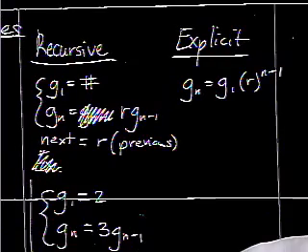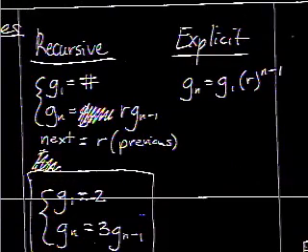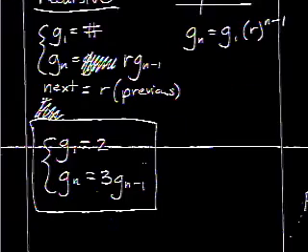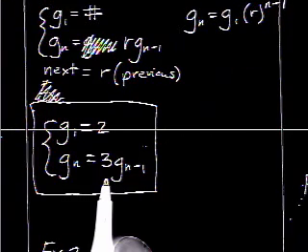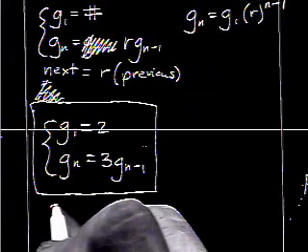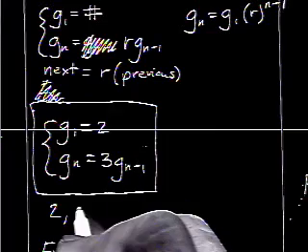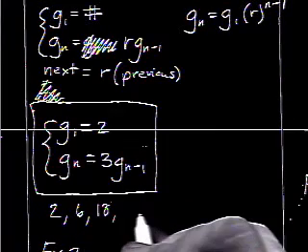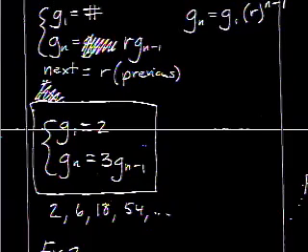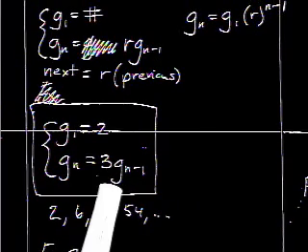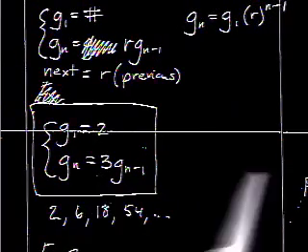That is your recursive formula. And if you gave me this and asked me to duplicate the terms of the sequence, then I would know to start with 2, and then triple it, triple it, triple it. That's all that recursive formula is telling me to do.